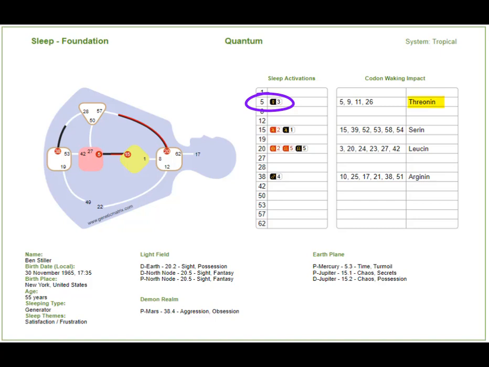Well, you can see there, when this person wakes up, anything that has affected that 5th gate is also going to affect the 9, the 11, and the 26, even though those gates are not even in the sleeping matrix. This is the stealth conditioning that happens in terms of the sleeping domain. And in other videos I'm going to take you through all of this in a lot of detail, but there you have a quick overview of the structure of the sleeping chart.